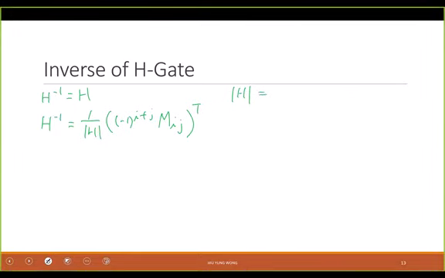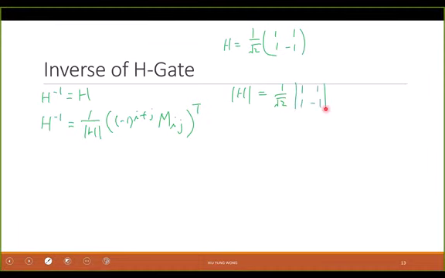The determinant is what? Let me just remind you, the Hadamard gate is 1 over square root 2, 1, 1, 1, negative 1. So the determinant is 1 over the square root 2 times, and how do you do it, remember? Very good.